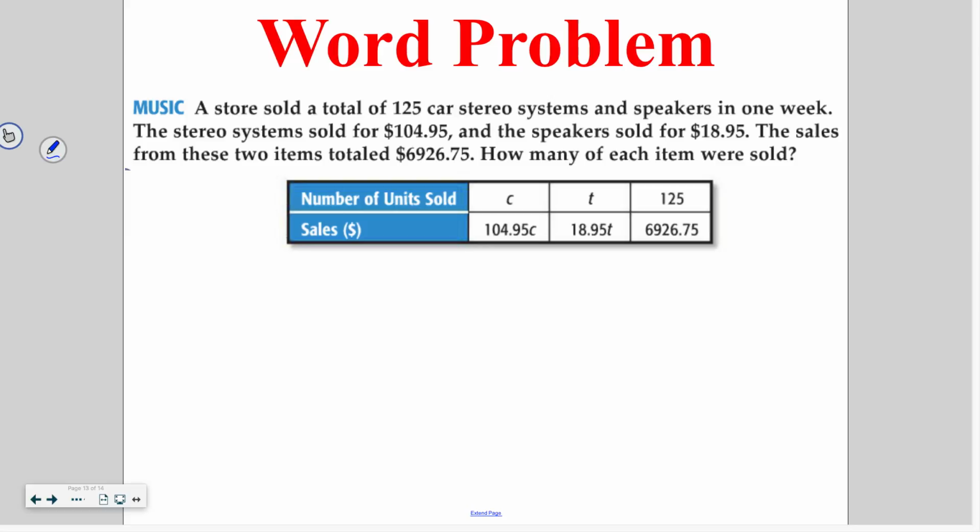So first it says that we've got a total, so that means we are adding up these two to get our third piece. So we've got the units sold plus the units sold is equal to 125. Similar situation with the second one. This is just looking at the prices.